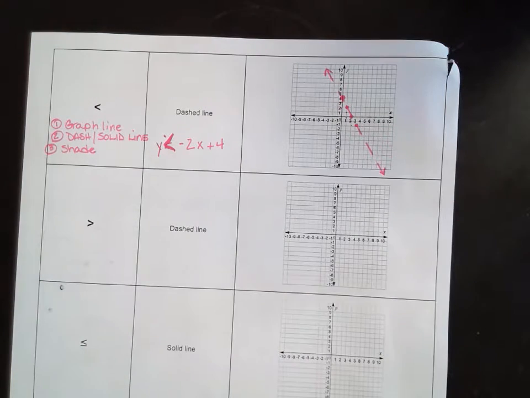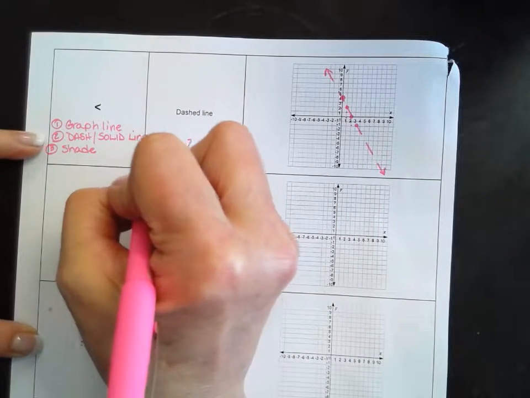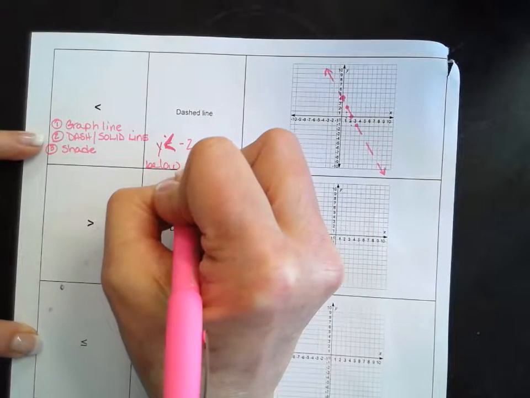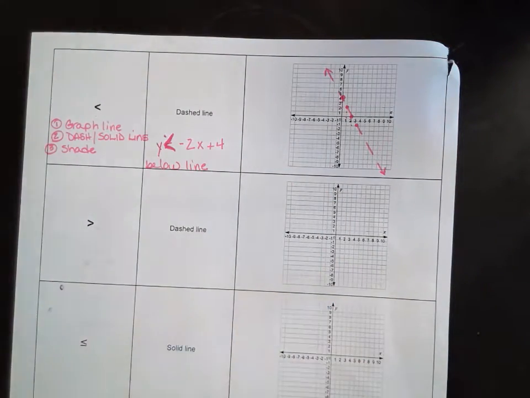Below, because less would be below, greater than would be above, right? So, before I start shading, we think it's going to be below the line, okay, how do I check?